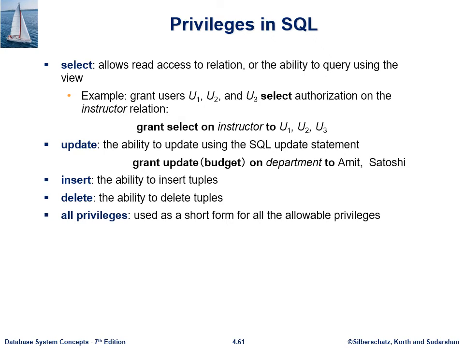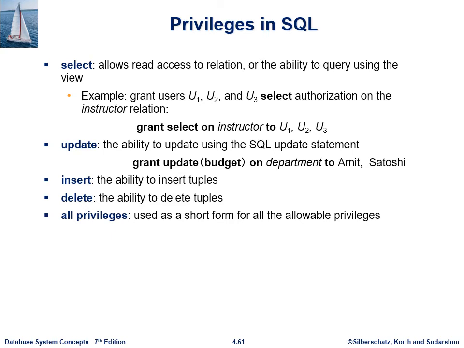So that means people can change or modify a table or a view. In fact, we can also only allow people to update some attributes. If we only allow people to update some attributes, we need to list those attributes right after the update.